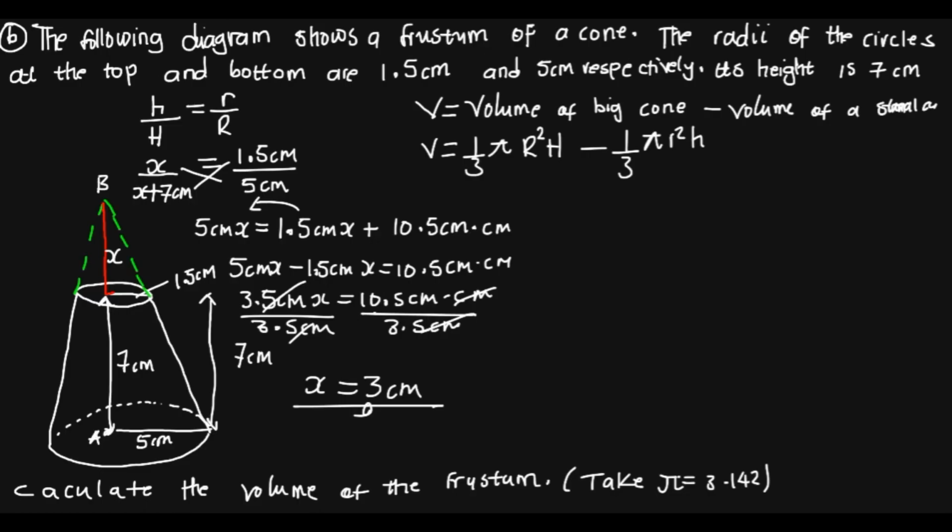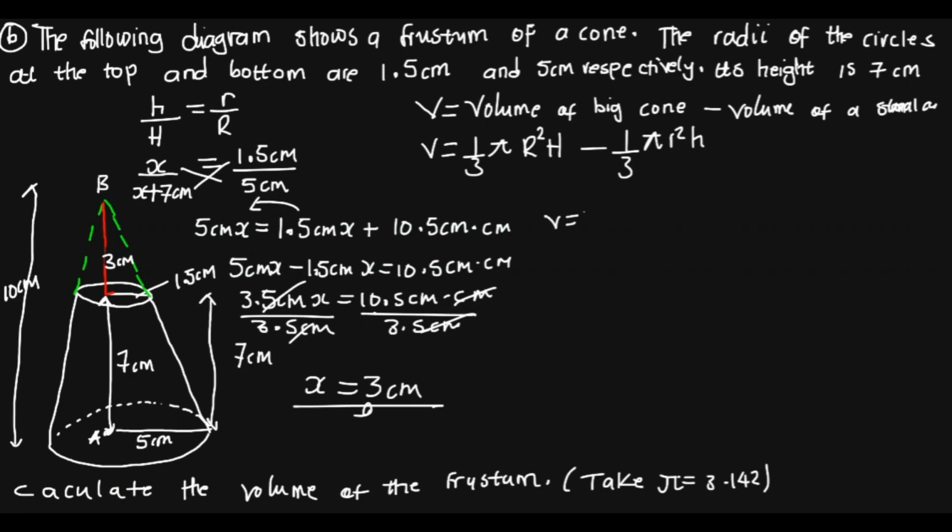So the height for the smaller cone is 3 centimeters. Now what is the height for the bigger cone, the big one? We will have 7 plus 3, so it's 10. Now let's do the math. Let's proceed.